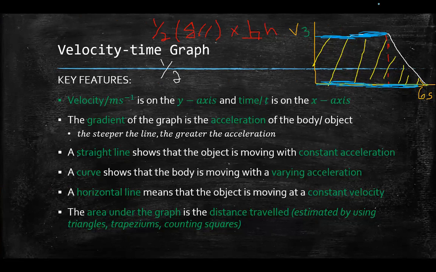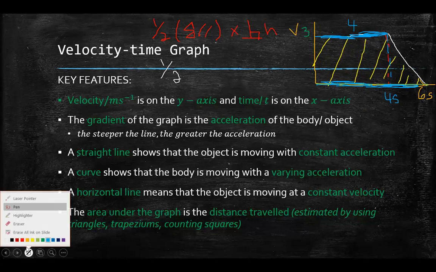Cool. So let's just say at this point here, the length of this from 0 to 4 would be 4. And the length of this side here would be from 0 to 6. So it's 6. Let me use a different color.